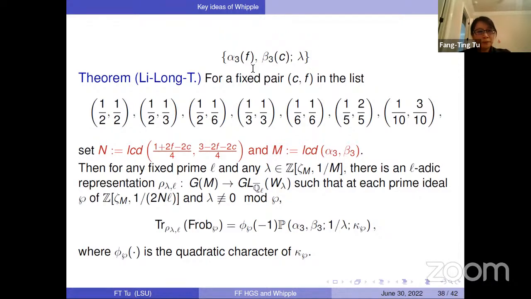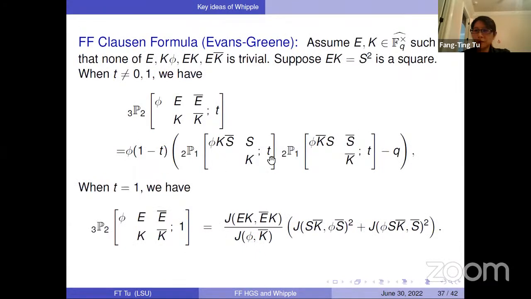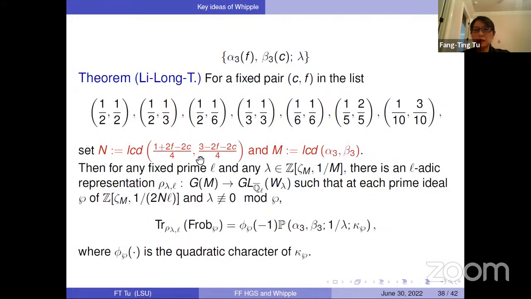I want to point out that the additional capital N here is coming from the 2P1, from the Clausen formula. After we set the capital M and capital N, we have the Galois representation, and the trace is equal to the P function times a quadratic character evaluated at -1.